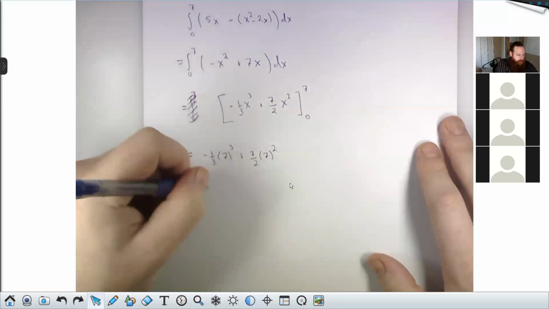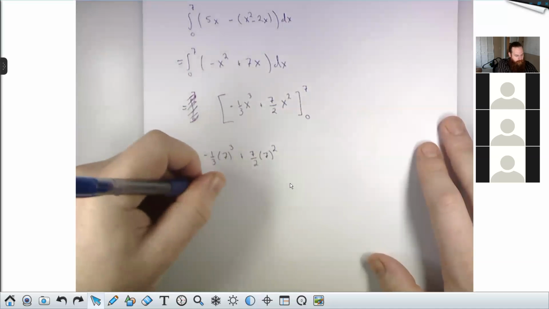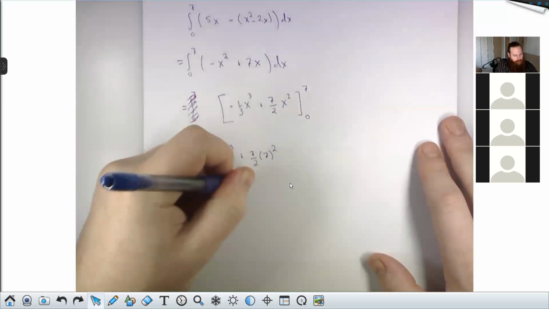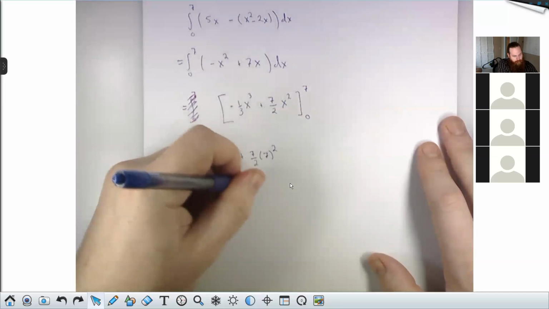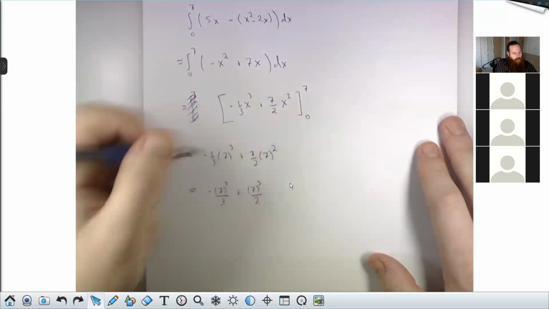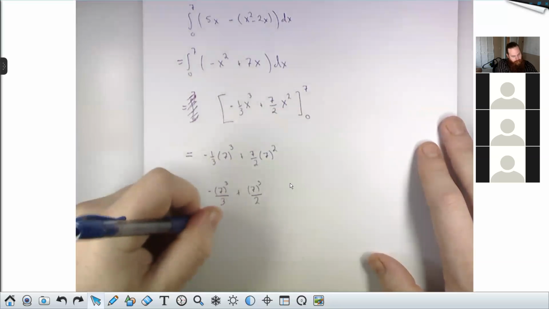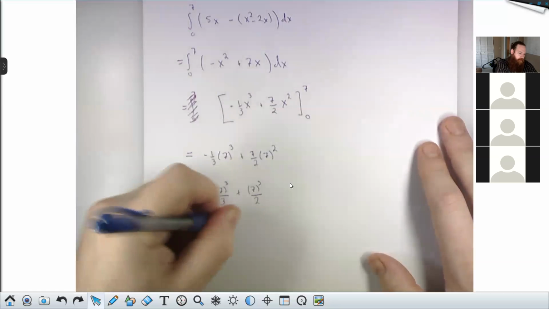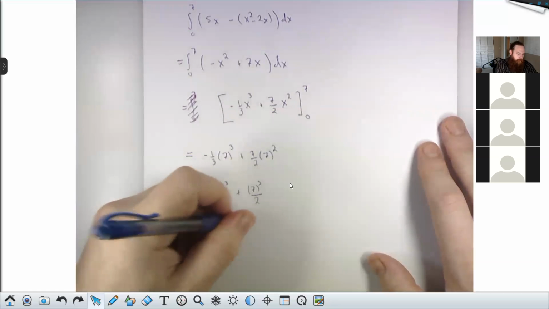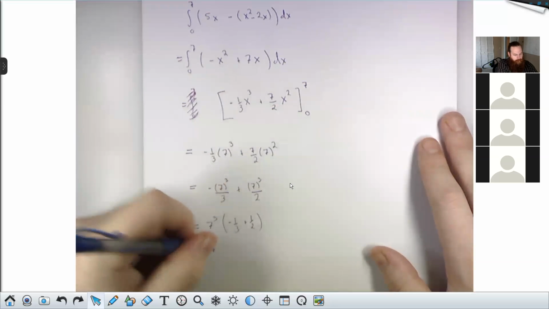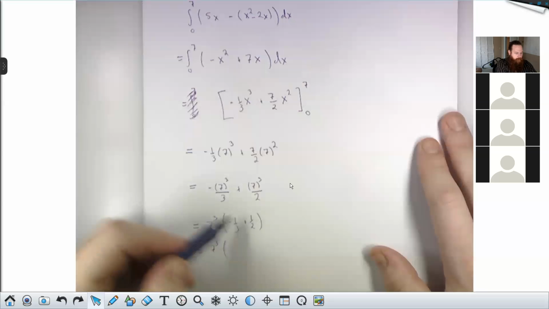So that is negative 7 cubed over 3 plus 7 cubed over 2. So I would factor the 7 cubed out again, and you'll have negative 1/3 plus 1/2. So that's 7 cubed times, as a ratio over 6, this is 2/6, this is 3/6.